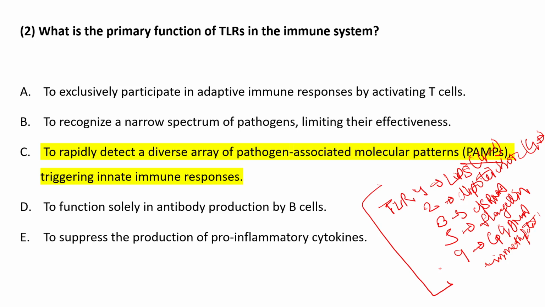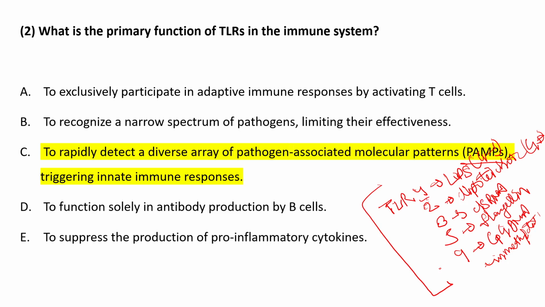So we were discussing the role of different types of TLRs in recognizing different types of pathogen-associated molecular patterns. We have seen that TLR4 is responsible for detecting the LPS in gram-negative bacteria. TLR2 is responsible for detecting the lipoteichoic acid in gram-positive bacteria.